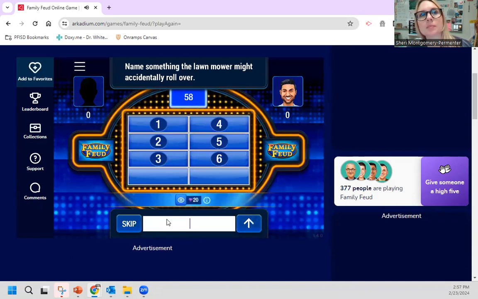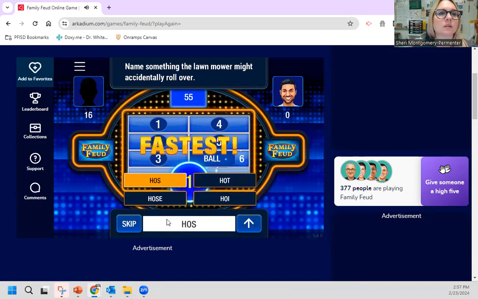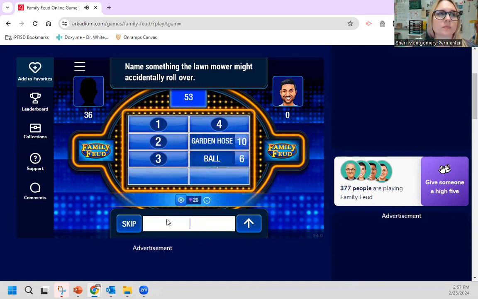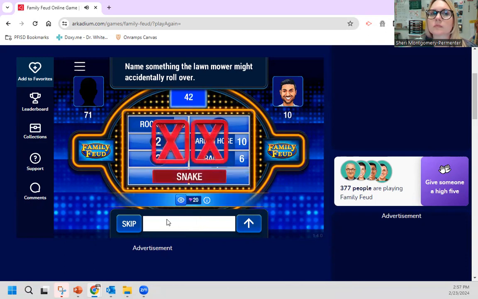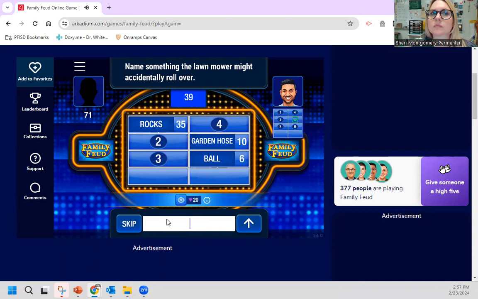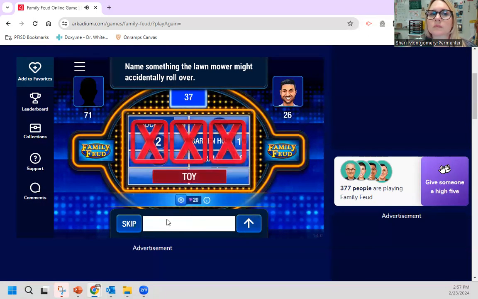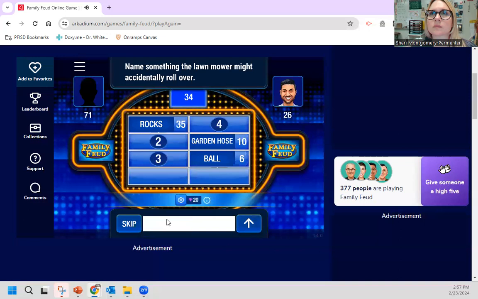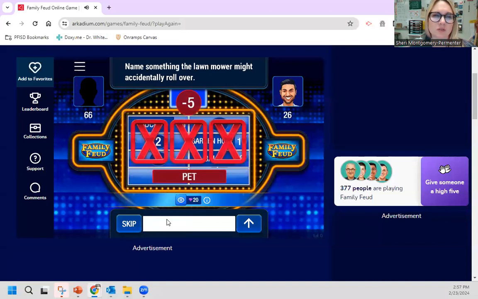Name something the lawnmower might accidentally roll over. Snake. Boy. That'd be kind of morbid. When you mow, what things do you have to move? That'd be awful.